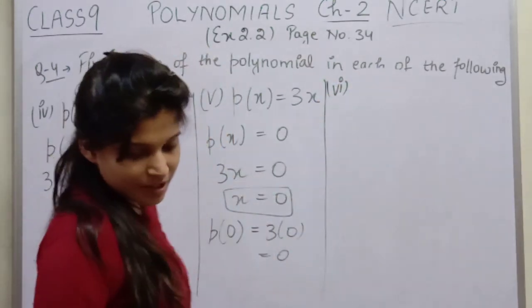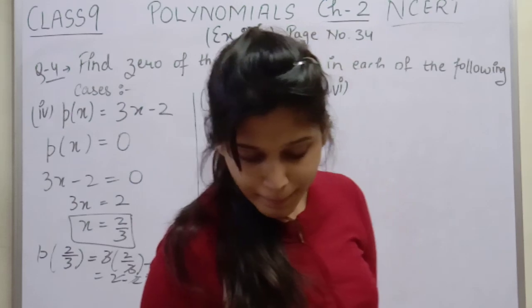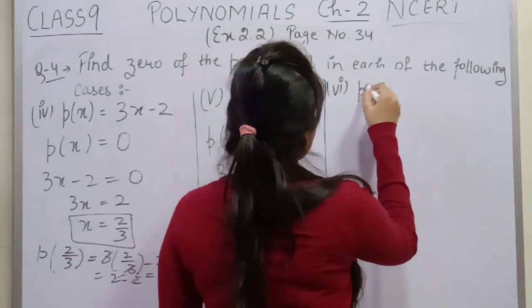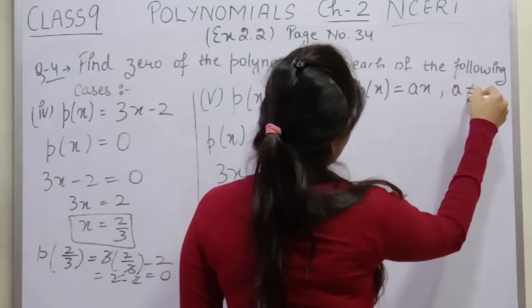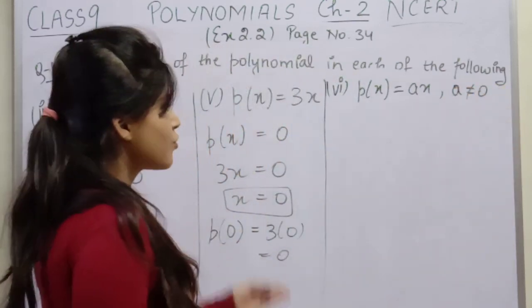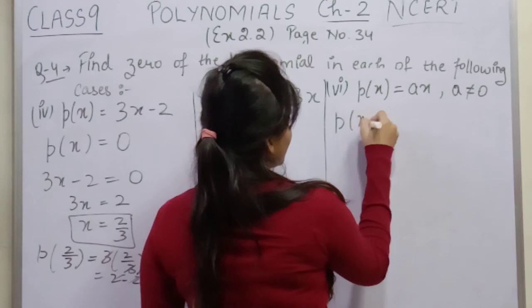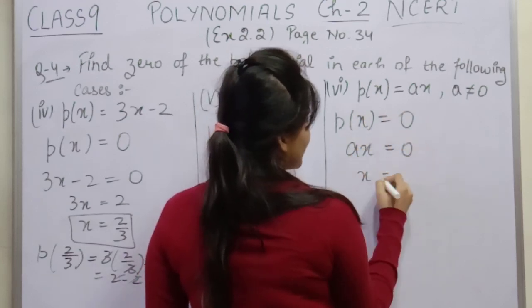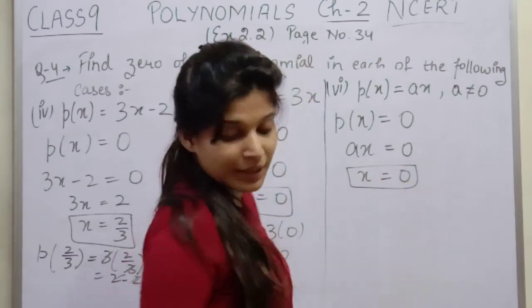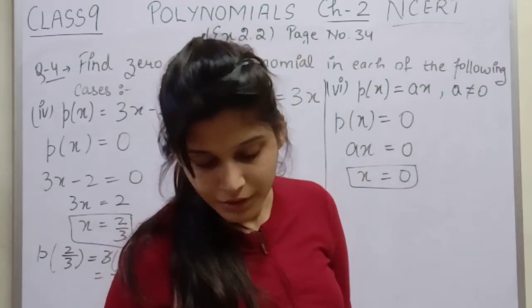So now the sixth part is p(x) equals ax, where a is not equal to 0. Okay? So now we have to put p(x) equal to 0, which means ax equal to 0. So ultimately the value of x again would be 0.